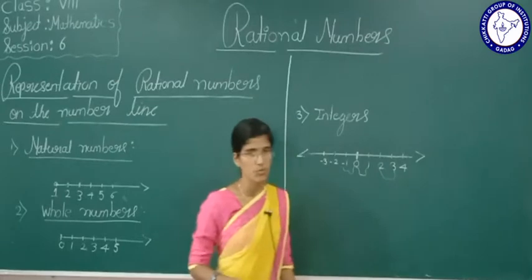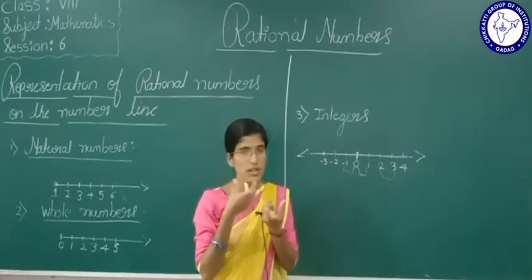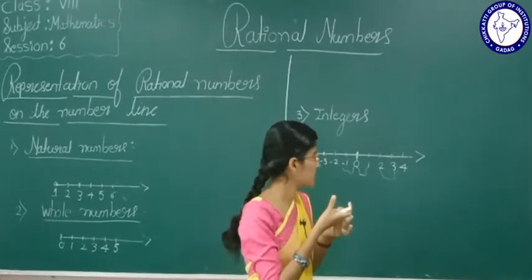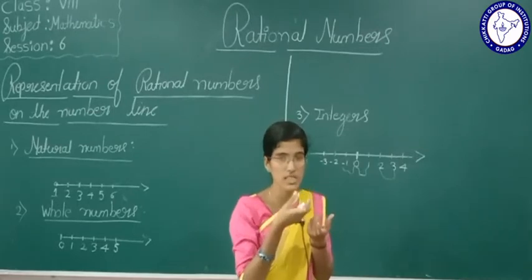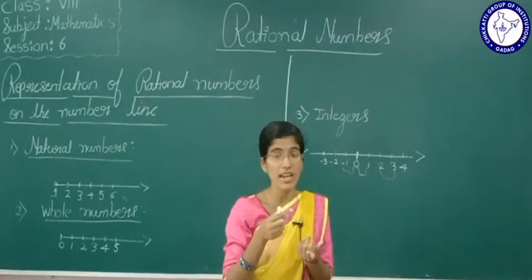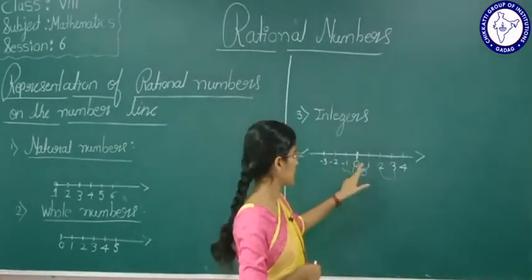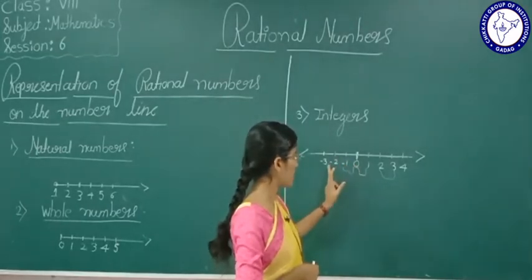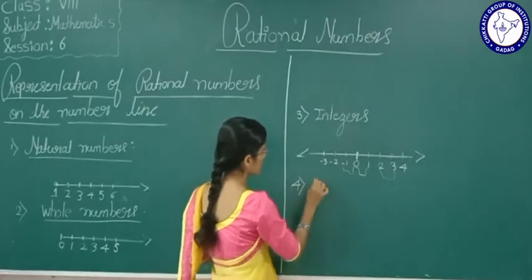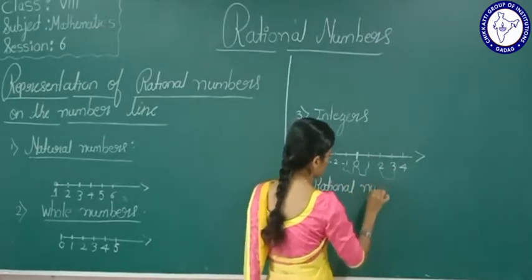The answer is no. But in rational numbers we can find numbers between 0 and 1, -1 and 0, -2 and -1. Now we will see how to represent rational numbers on the number line.